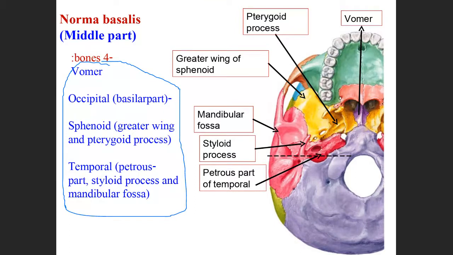What are the bones forming it? They are the vomer bone, the occipital bone, and the sphenoid bone. Which part of the sphenoid bone? The greater wing and the palatine process. And next, the temporal bone.